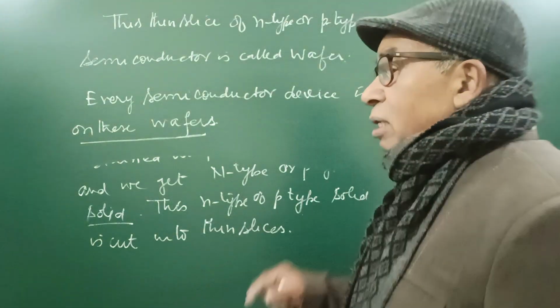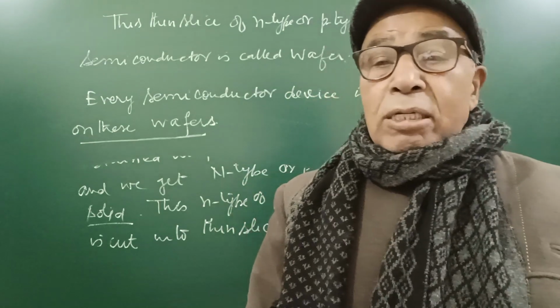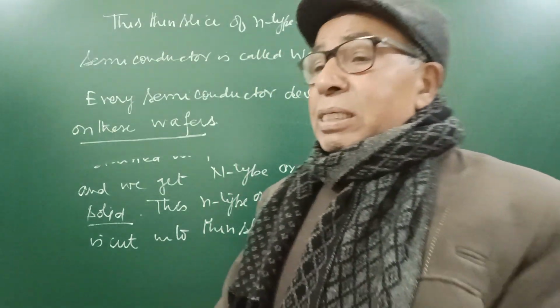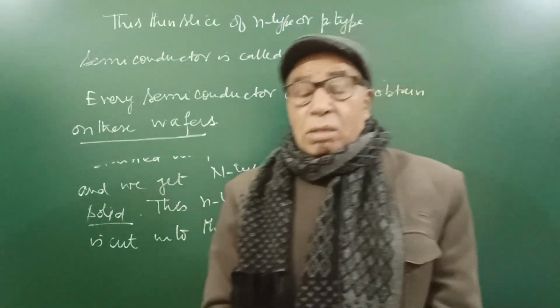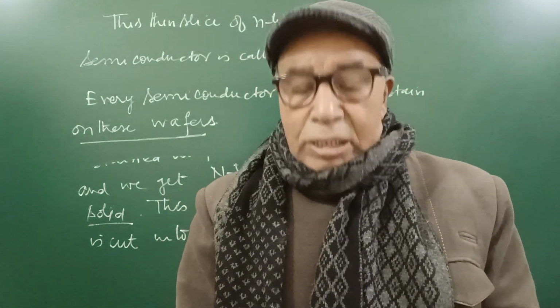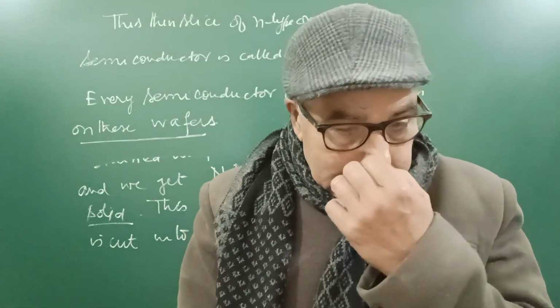Now what are the devices? The simplest device here is the PN junction diode, and others are like integrated circuits. Integrated circuit, IC.